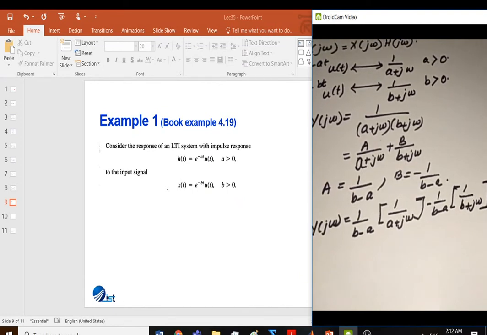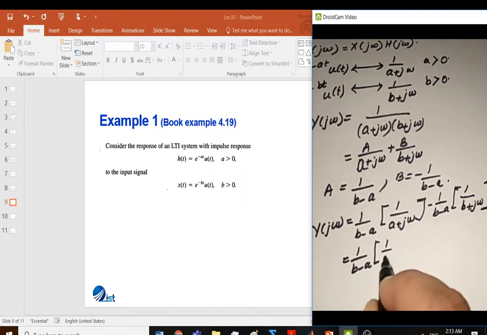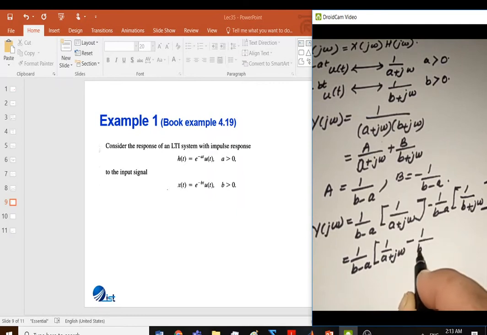So I'll be arranging the terms such that 1 by b minus a can be taken out, and we have 1 by a plus j omega minus 1 by b plus j omega.